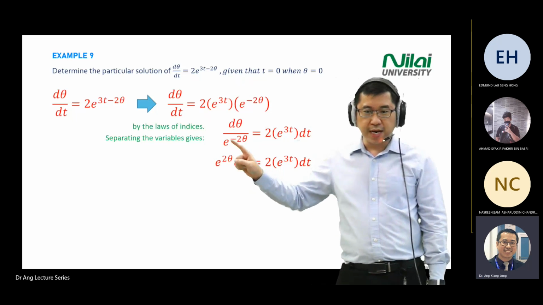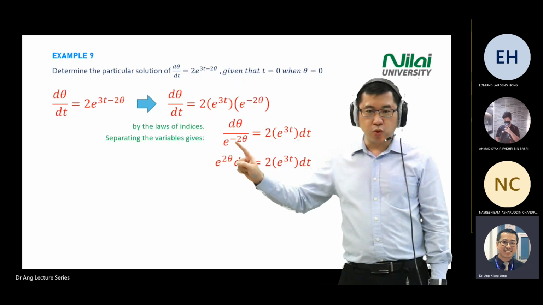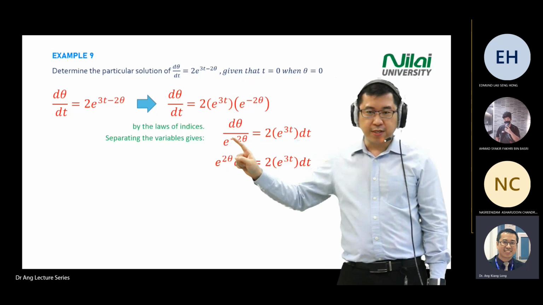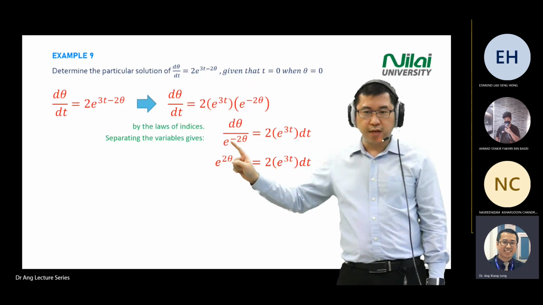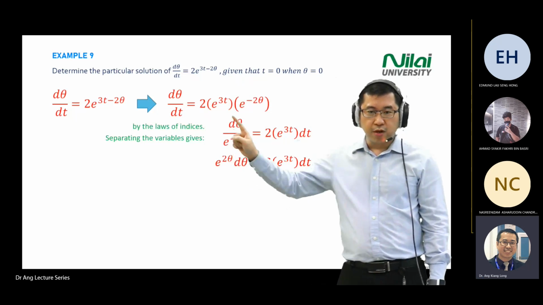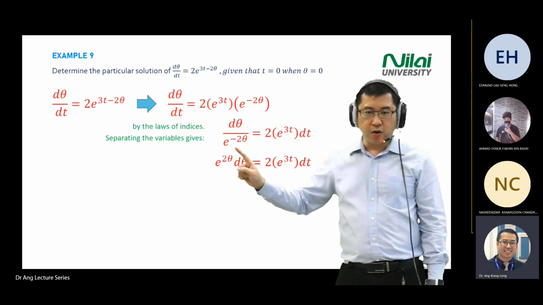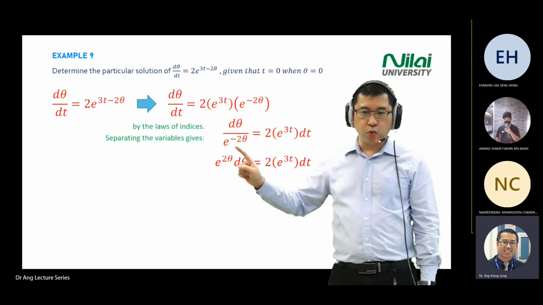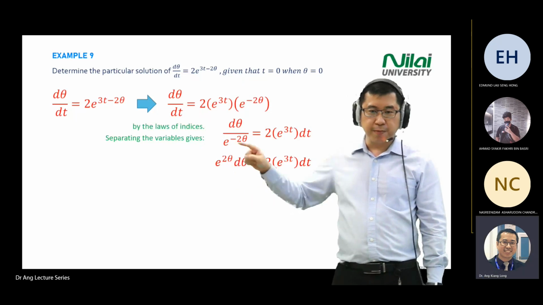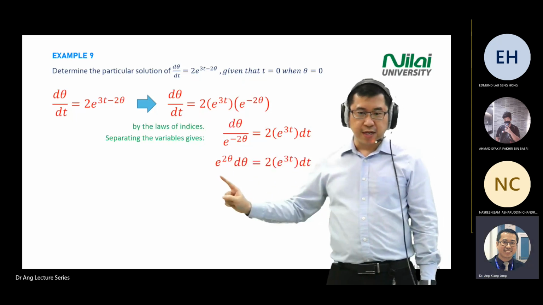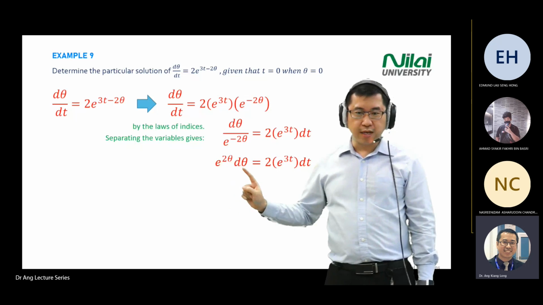You get 1 over e power 2θ. You remove the negative sign, you get 1 over e power 2θ. So 1 divided by 1 over e power 2θ, you flip it upside, you get e power 2θ dθ.